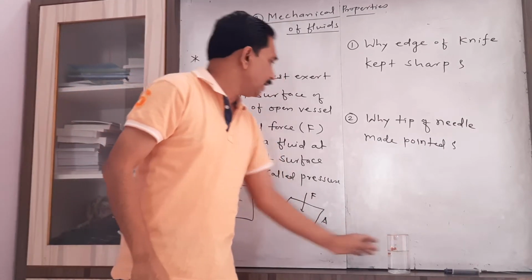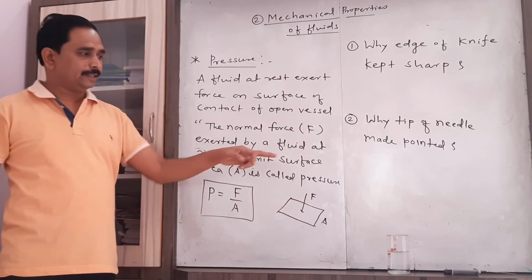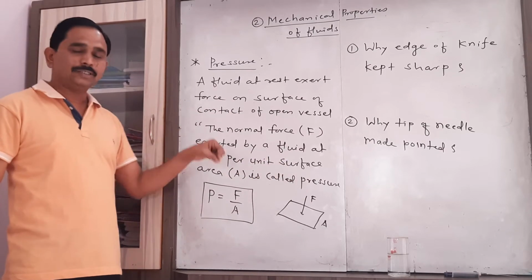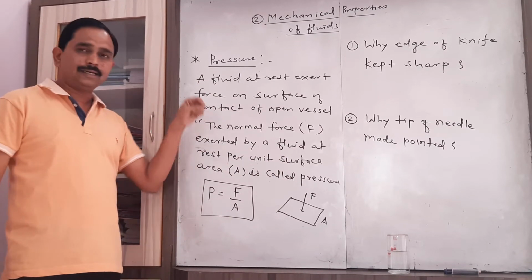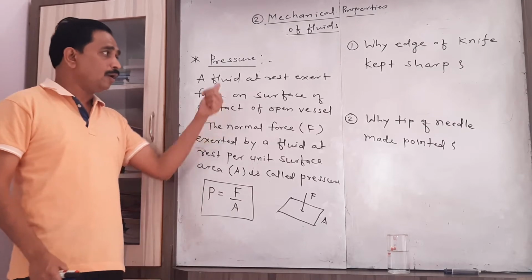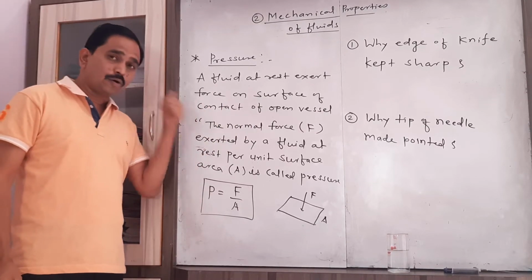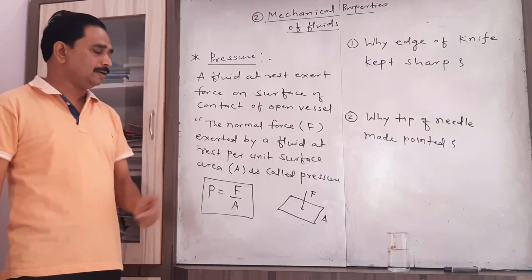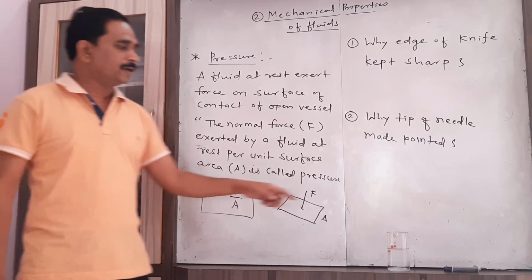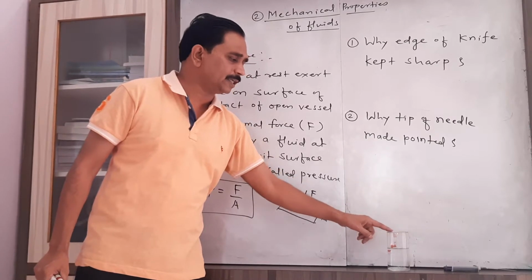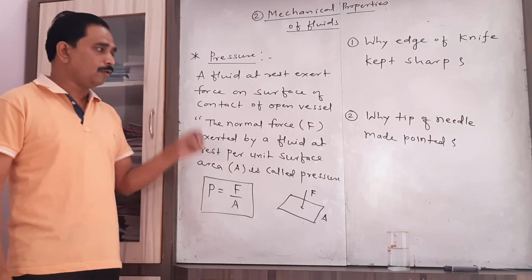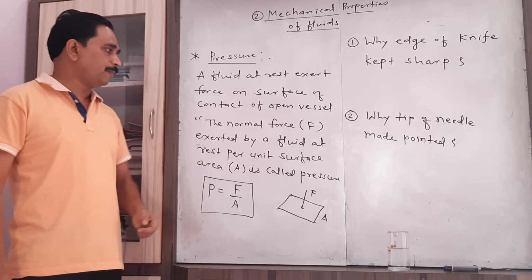So that's why I write here that a fluid, that is the water which is at rest, exerts force on the surface which is in contact with that fluid, in an open vessel. One side of the vessel is open, that's why it is called an open vessel.